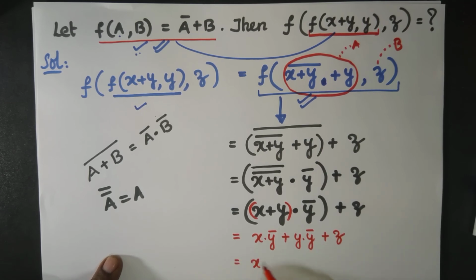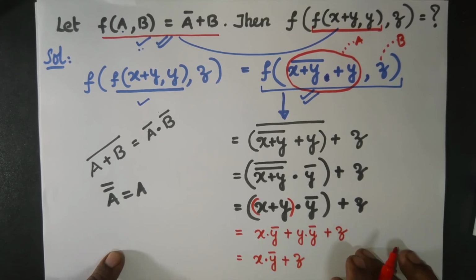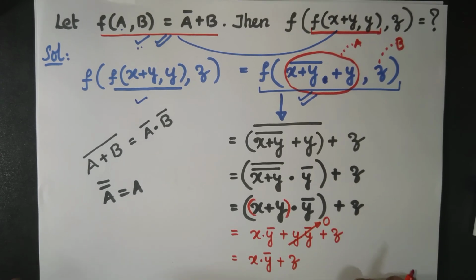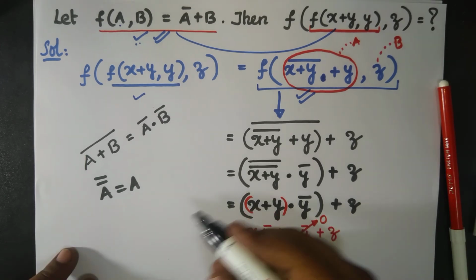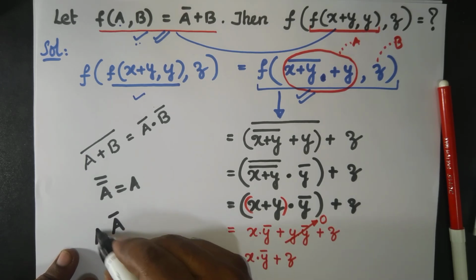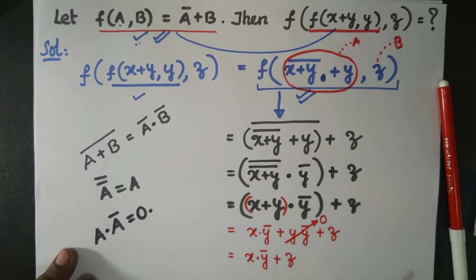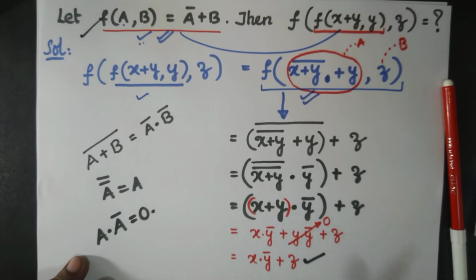So therefore we have x y complement or z, because this quantity is 0. We know very well that if you have a single variable a and you take AND with its complement, you must get 0. So this is the final answer for this question.